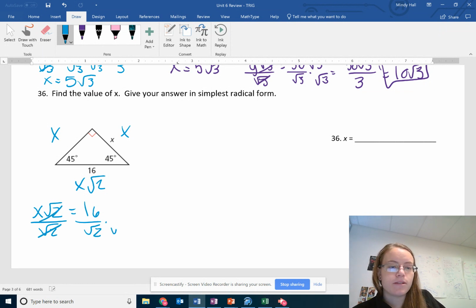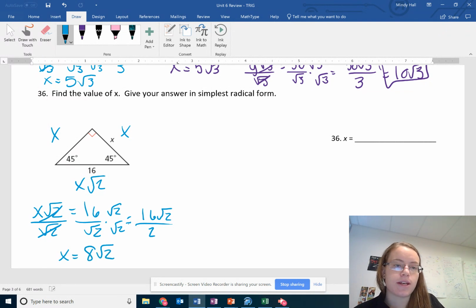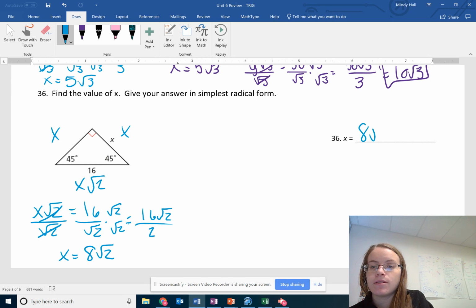Because remember, you have to rationalize, this is the pain in the butt part, you have 16 square root of 2 over the square root of 4, which is just 2, and 16 divided by 2 is 8. So our short leg should be 8 square root of 2.